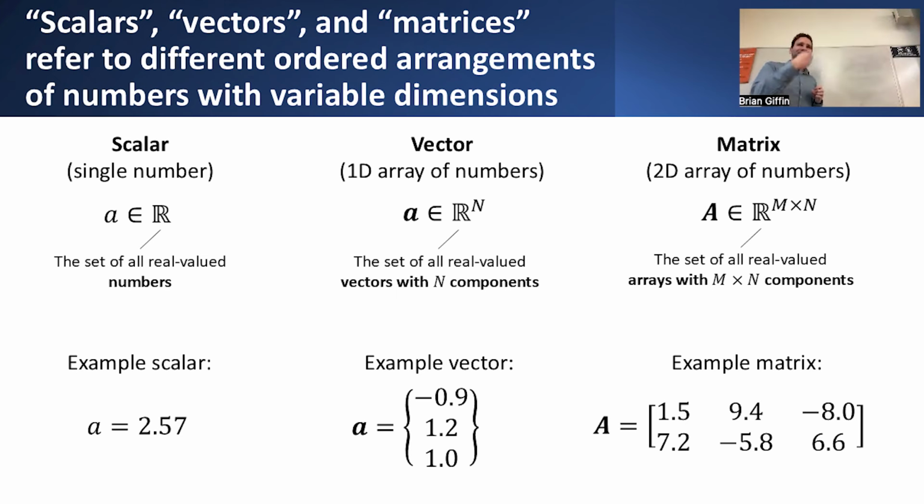A real number could be 0, it could be 3.1415, it could be 2.57, it could be -2 or whatever. Real numbers are basically any number that you can think of on the real line, ranging from -infinity to +infinity. Fair enough.